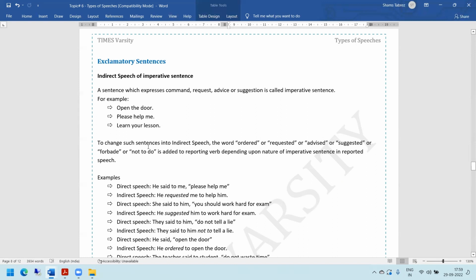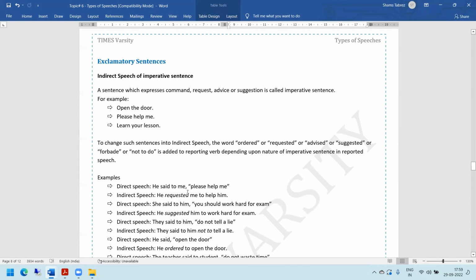So to change such sentences into indirect speech, the word ordered or requested or advised or suggested or forbade or not to do is added to the reporting verb depending upon the nature of the imperative sentence in the reported speech.